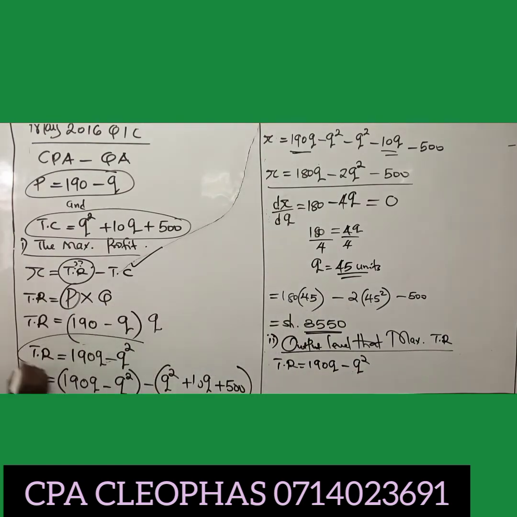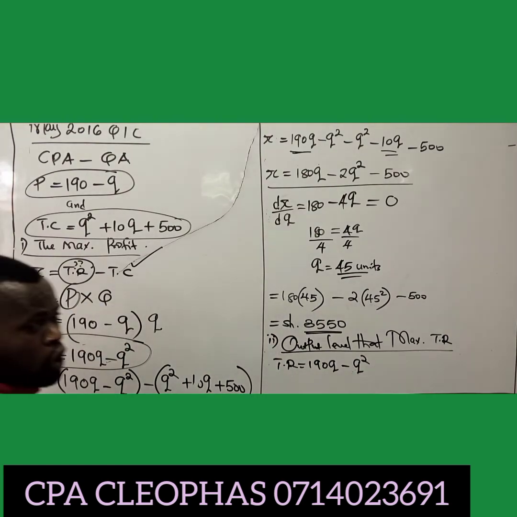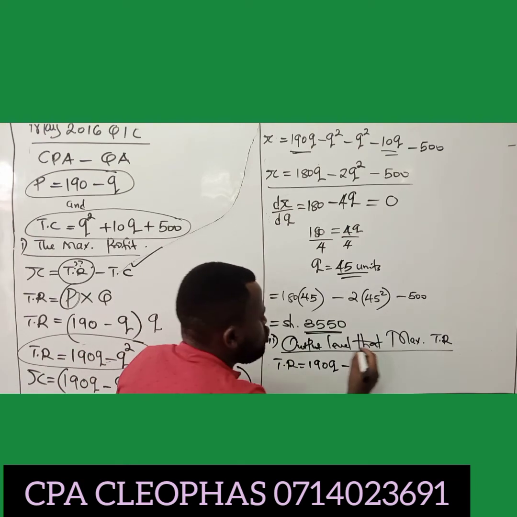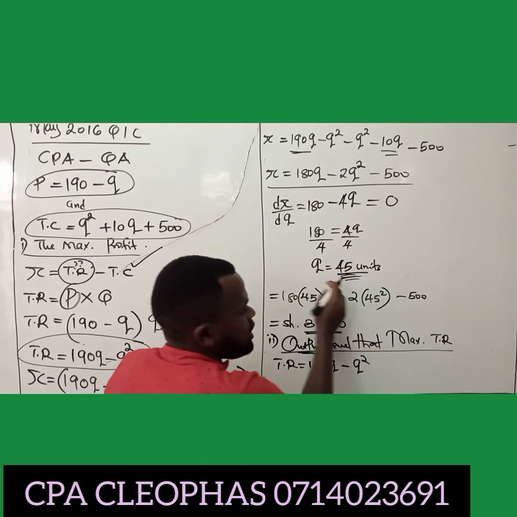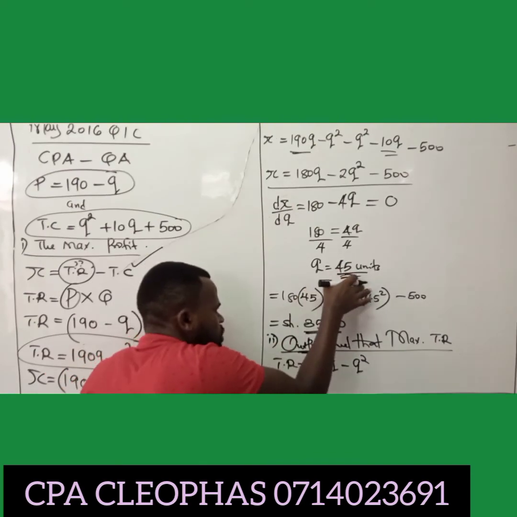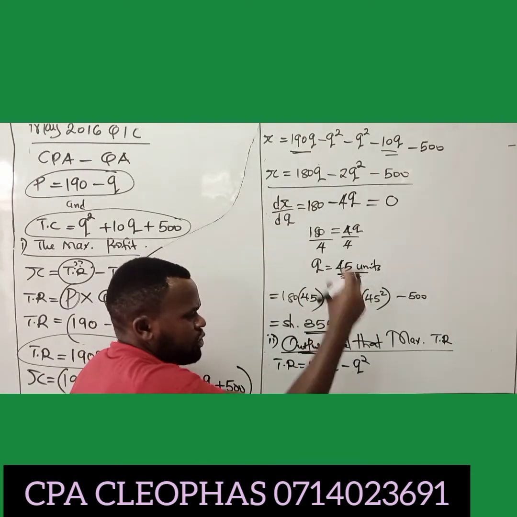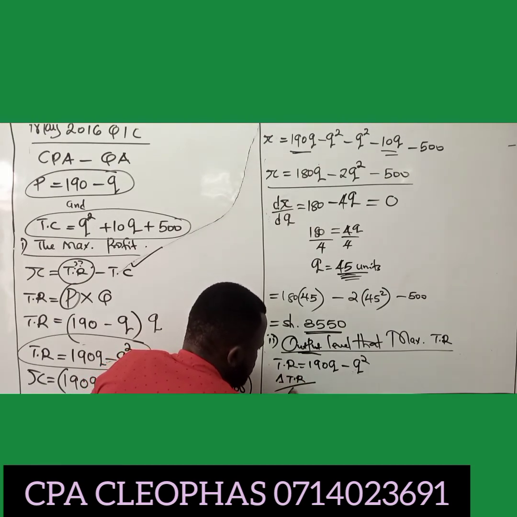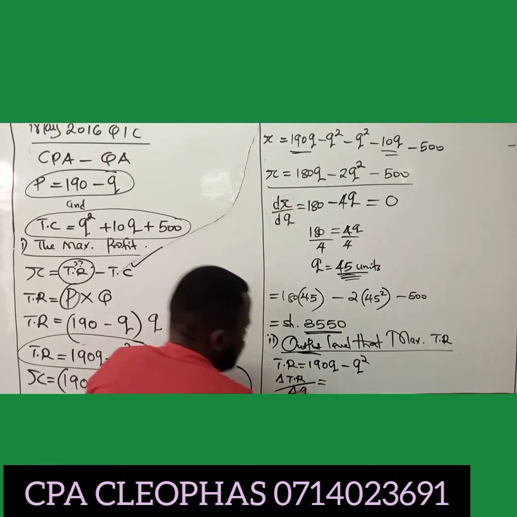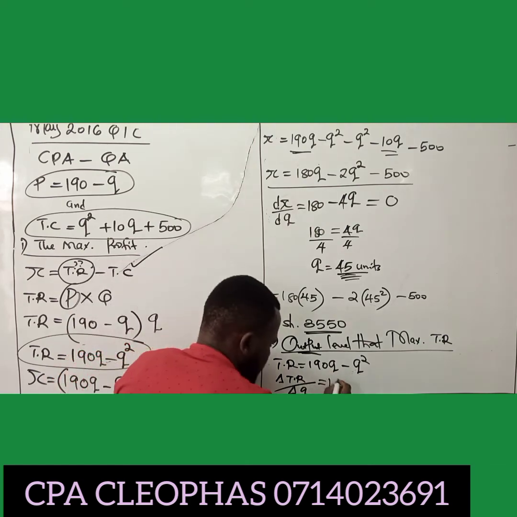So differentiate this one to get Q, the output. Output is units. Output is the way we differentiated and determined the value for Q for profits, but this one is the output to maximize not profit but revenue. So the change in total revenue caused by the change in Q would be equal to 190, because 1 times 190 is 190.